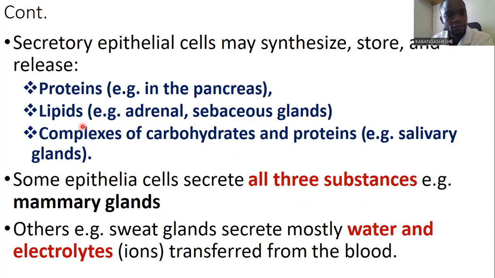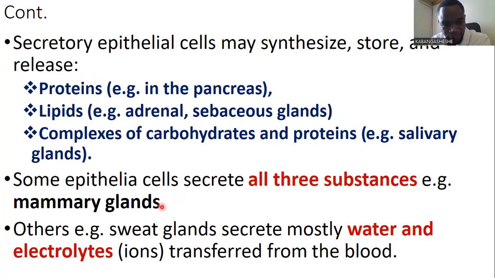And if you look at their chemical properties, you find that they are either protein in nature, lipid in nature, or carbohydrate in nature, or a combination of these. For example, lipid and carbohydrate, protein and carbohydrate, or simply a combination of all of these: protein, lipid, carbohydrate.